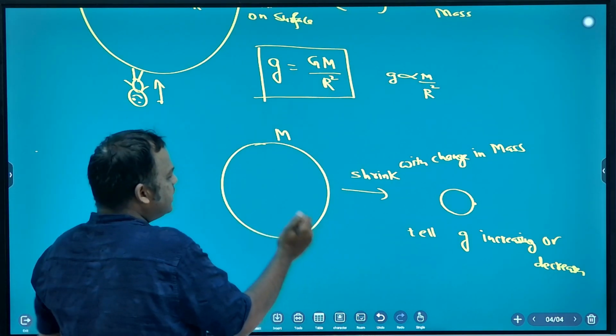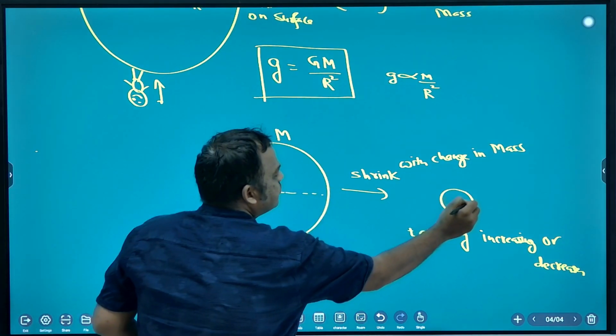Increase. Okay, does radius increase or decrease? Radius decreases.